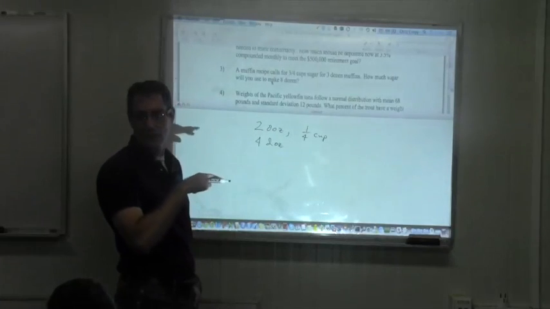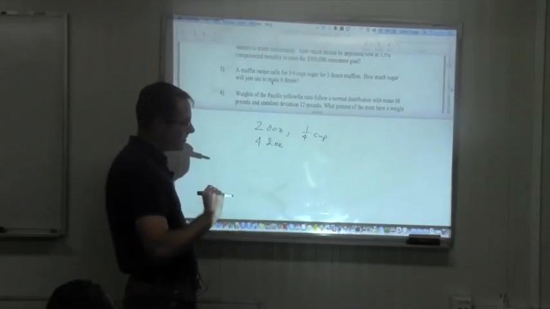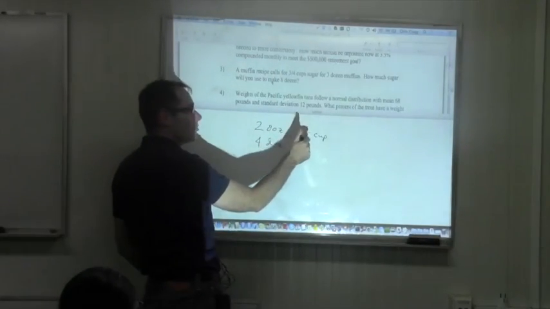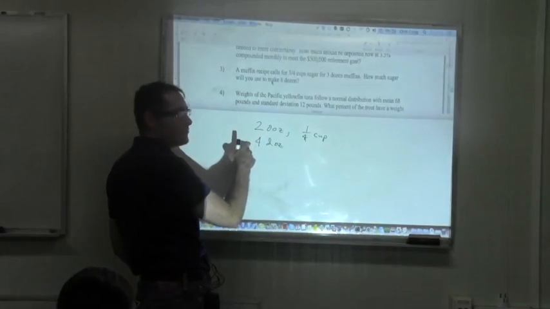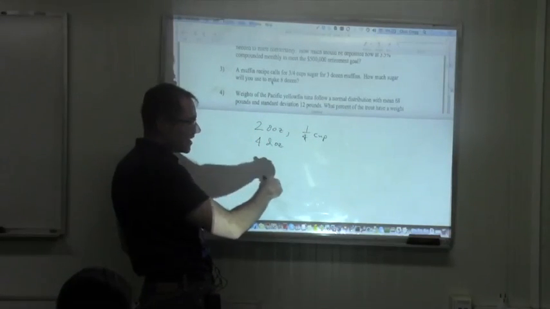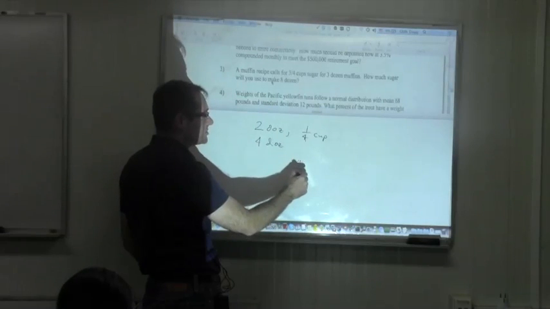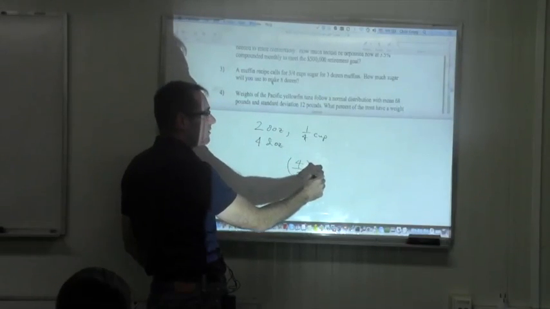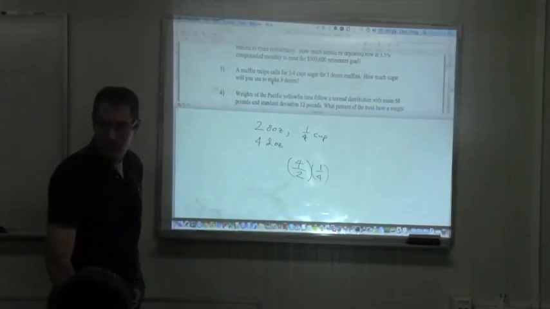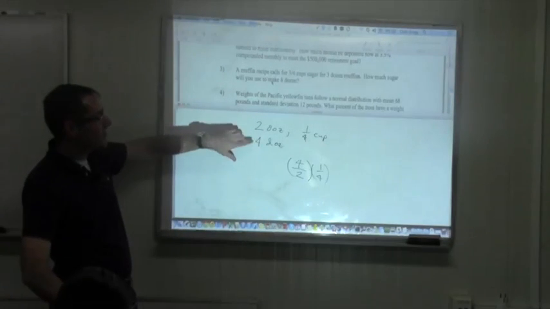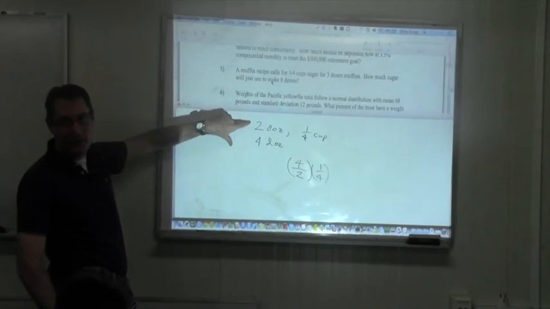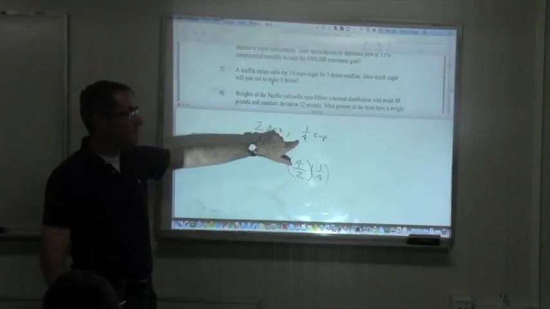You double it. So you would be going from 2 to 4, which is 4 divided by 2 times 1/4. You're saying the number that you want divided by the number you have times the amount.